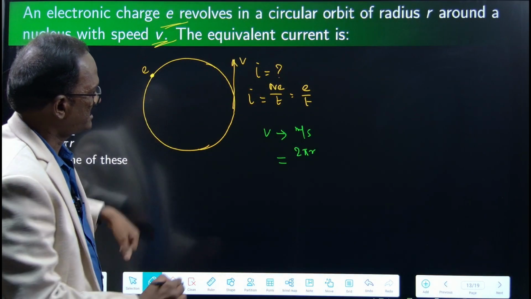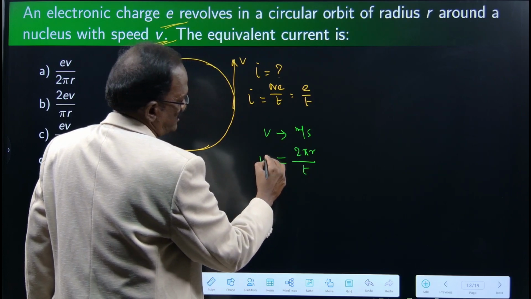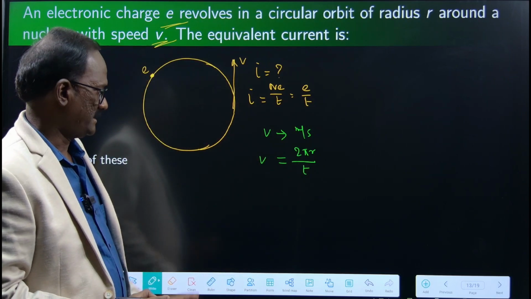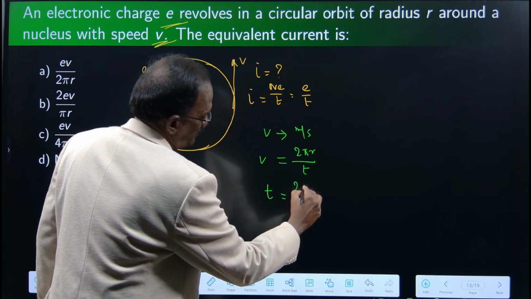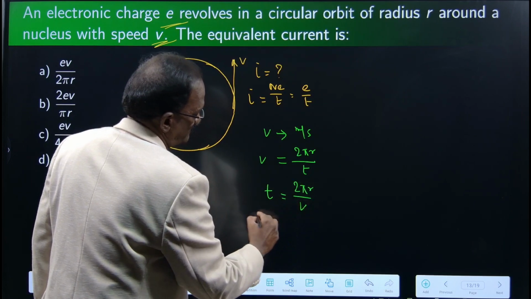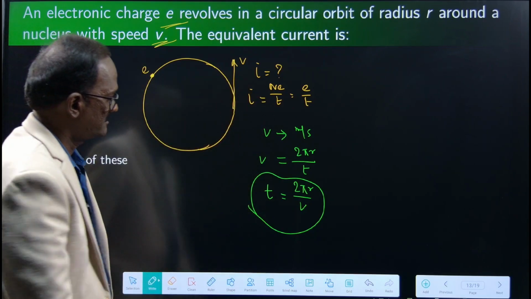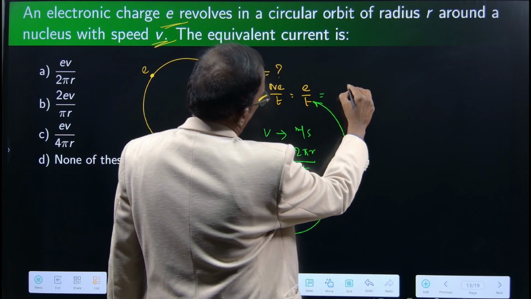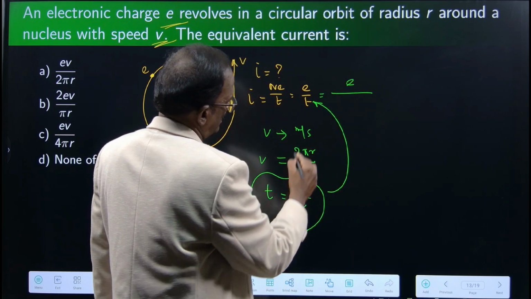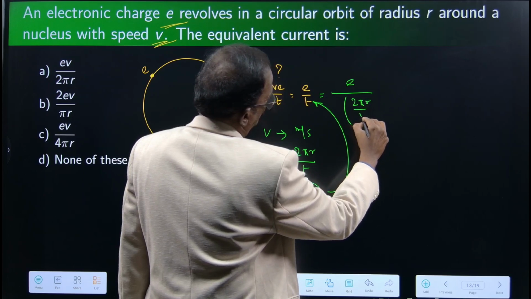So the circumference is 2 pi r per time t. So v is equal to 2 pi r by t. From here t is 2 pi r by v. Put it here: e upon, instead of t, 2 pi r by v.